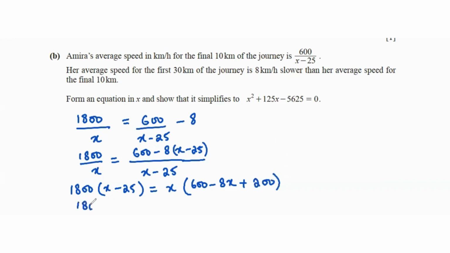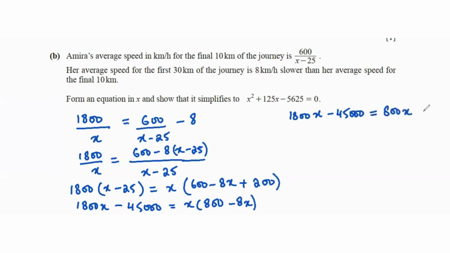Further simplified, 1800 times X is 1800X, minus 1800 times 25, which is 45,000, equals 600 plus 200, which is 800. Then it's going to be 1800X minus 45,000 equals 800X minus 8X squared.